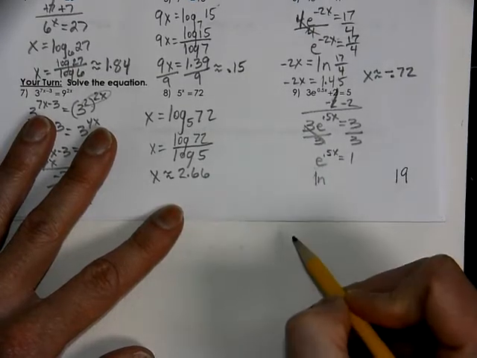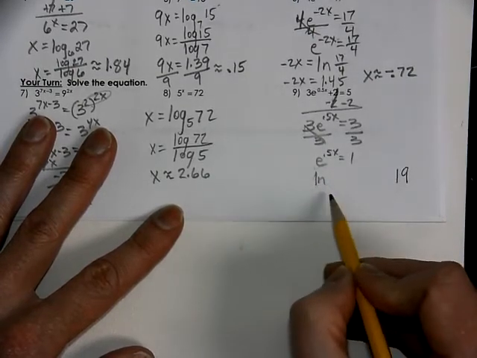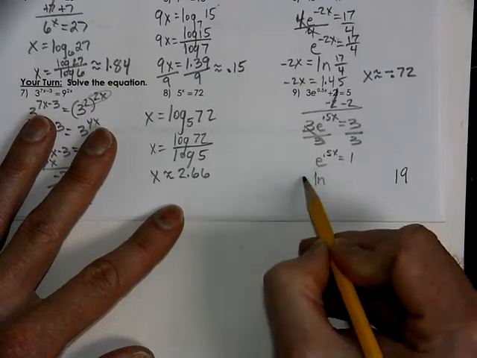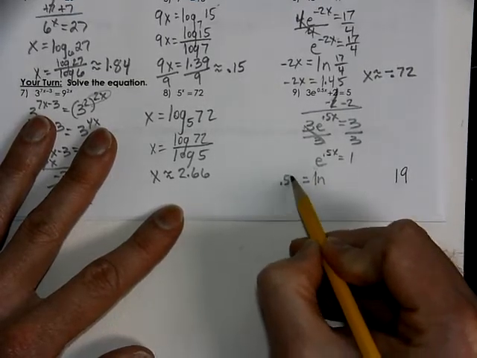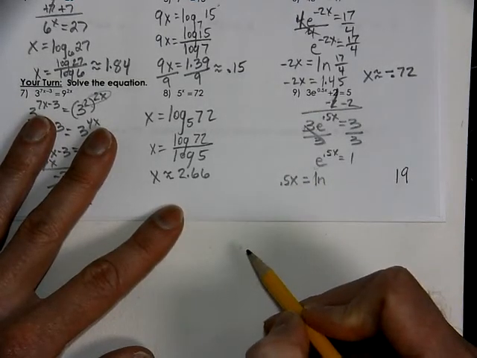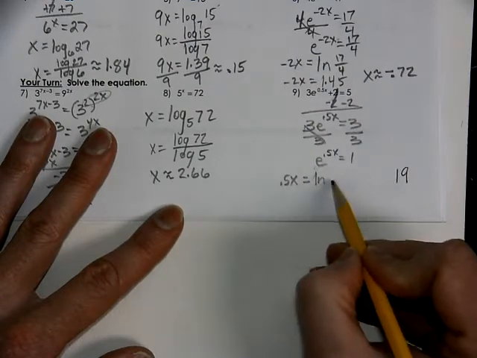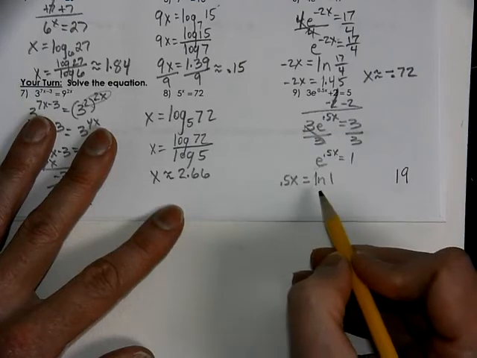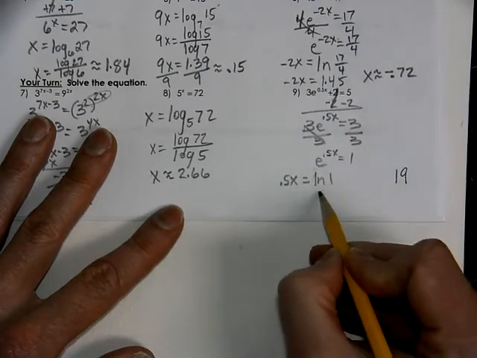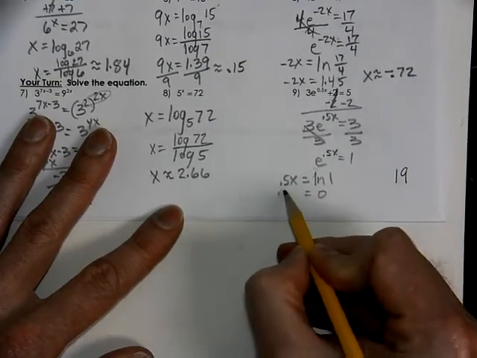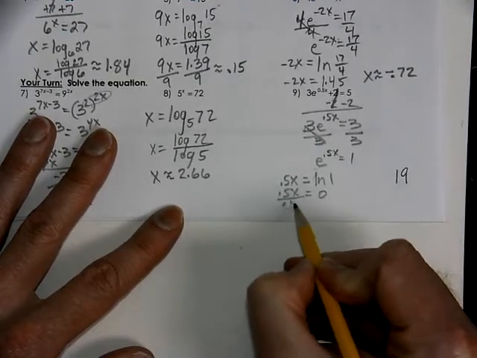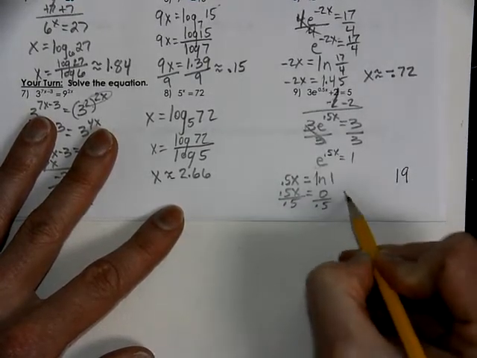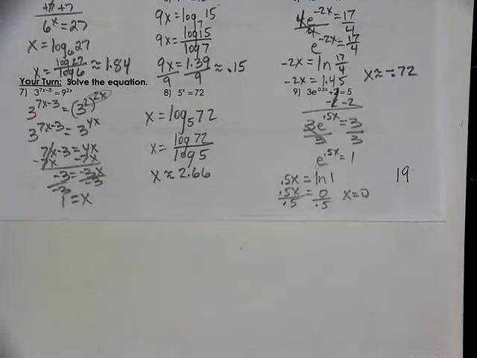So that's going to be the natural log. It automatically has a base of e. A logarithm always equals the exponent. So it's the natural log of 1. Interesting. And the natural log of 1 we all know is 0. So we divide by 0.5, and x has to be 0.